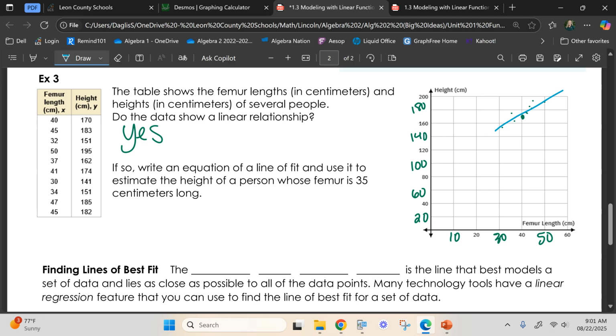Okay. Some above, some below. Then it told me to pick 2 points on my line to create the equation of my line. Okay. So I like this guy. Do you like this guy? That one was nice. What is that? 50, 195? What else looks pretty nice?